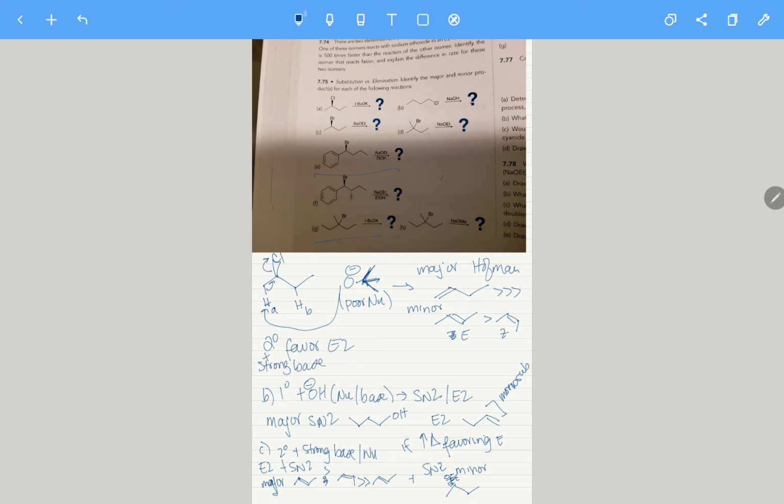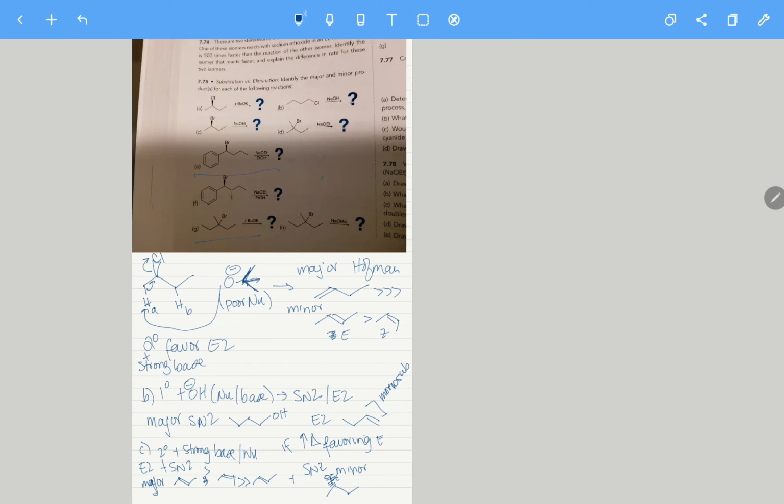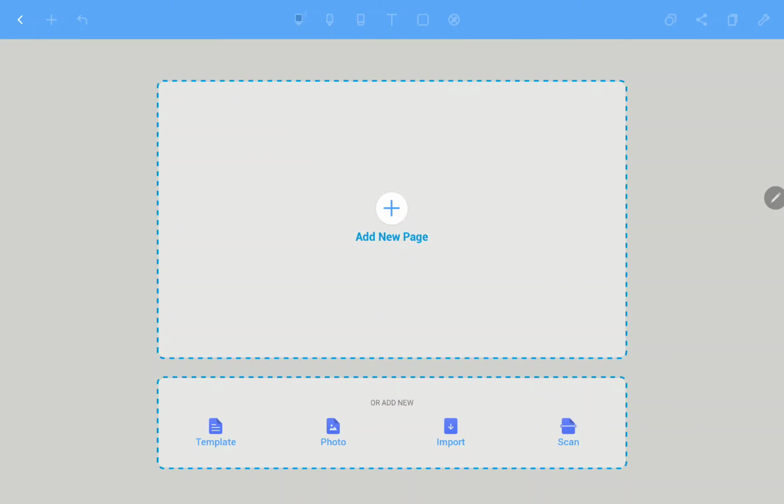So G, we have a strong base and this structure. So since this base is bulky, it's tert-butoxide. It's a strong base, so I'm going to favor E2, even though it's tertiary.